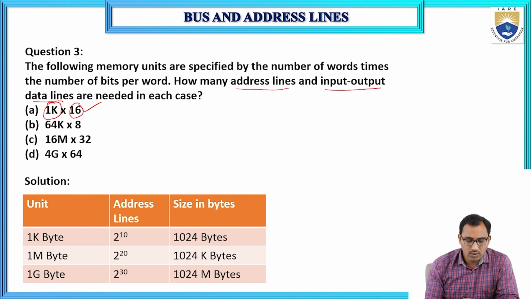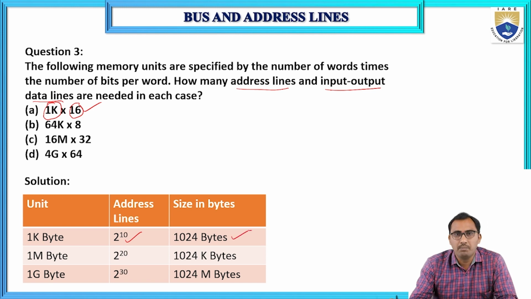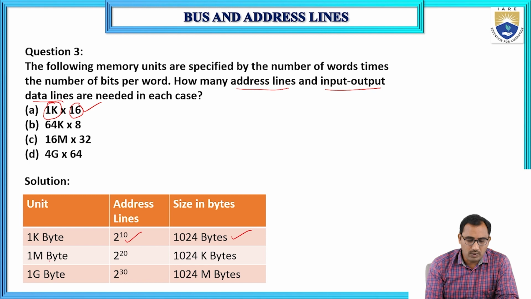Okay, so for 1 kilobyte we require 10 address lines. 1 kilobyte means 1024 bytes. And 1 megabyte means 2 power 20, so with 20 address lines we can access up to 1 megabyte of memory. 1 megabyte is equal to 1024 kilobytes.